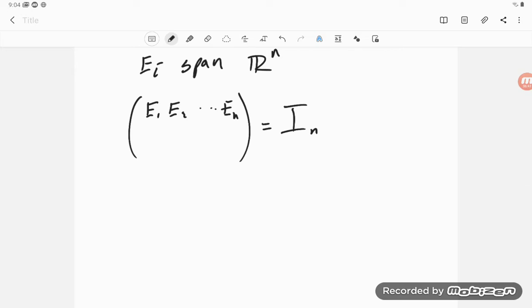Okay, so there we have independence, so the Ei are linearly independent.